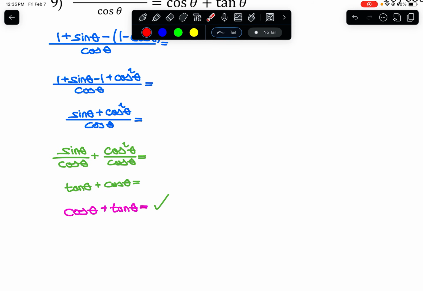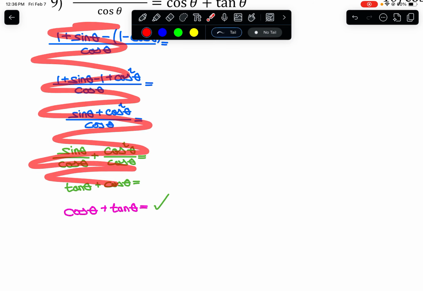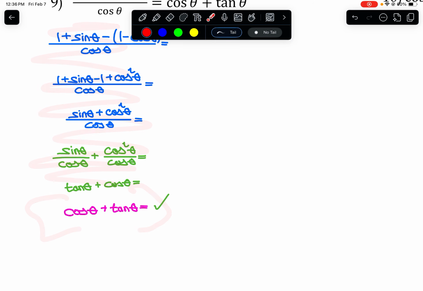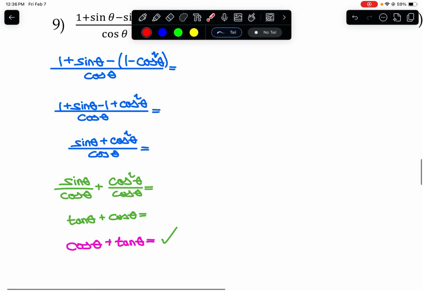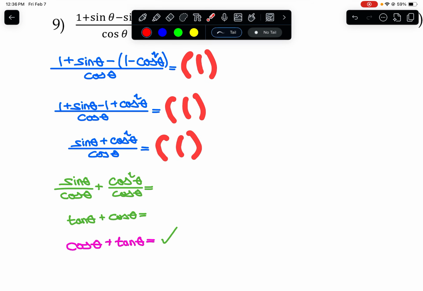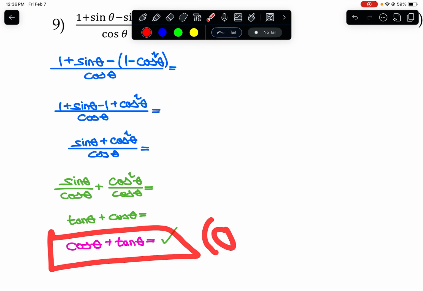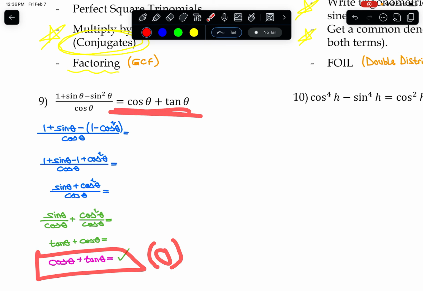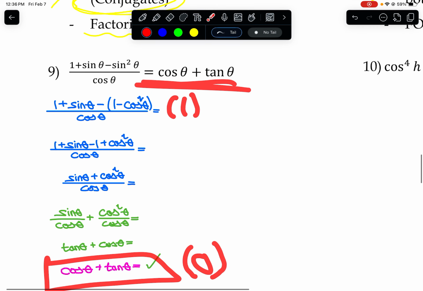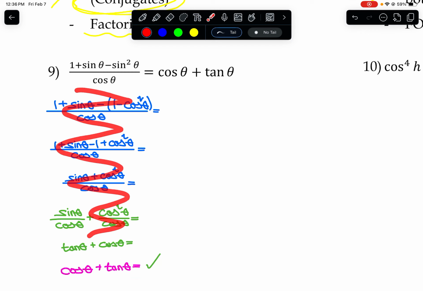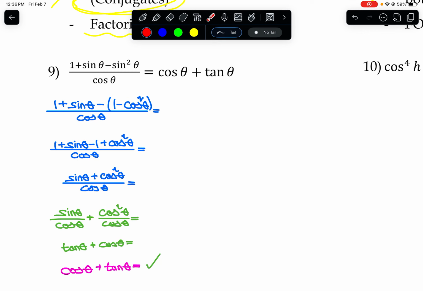Well, here's a little note for you: each step is going to be worth a certain amount of points. If you're just writing the last step, that isn't really worth anything because we give you the answer. We're looking at the work; this is where the points come from. So if you're writing nonsense and you just write the answer, you're not going to get any points. Just keep that in mind.